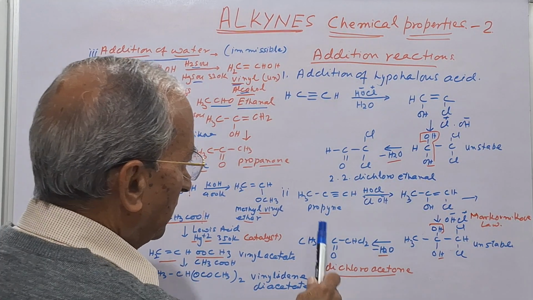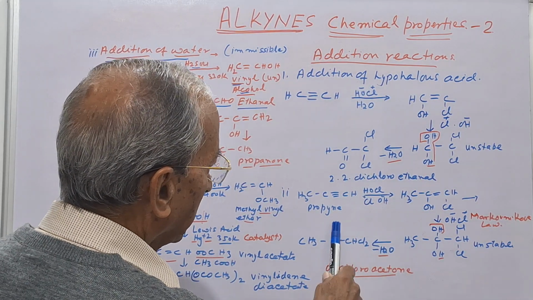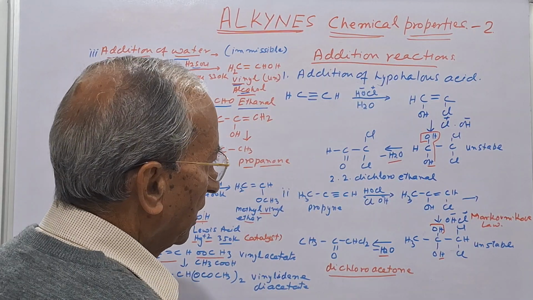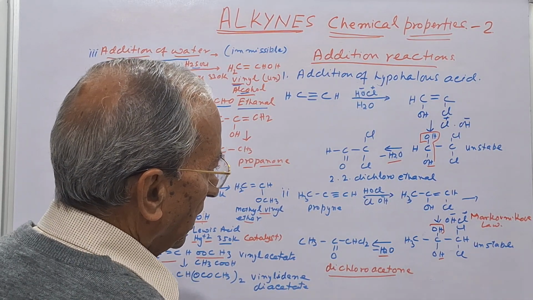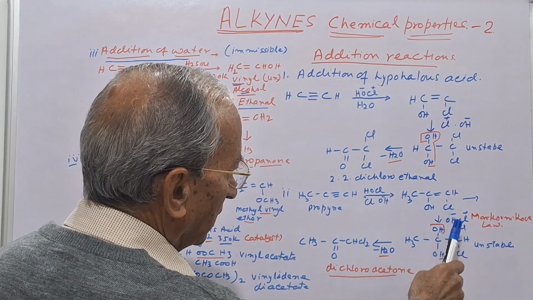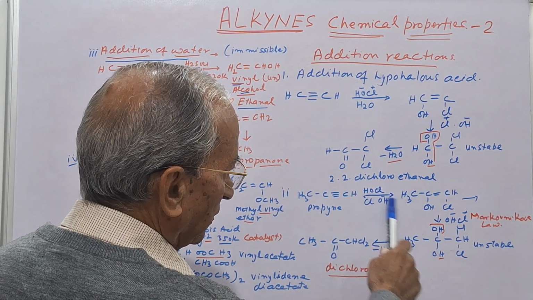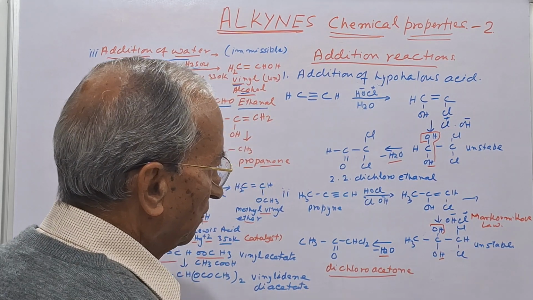Now we take the example of propyne. Again, one molecule of HOCl is added by removing one pi bond, and then by taking the second molecule of HOCl, it forms the unstable compound.